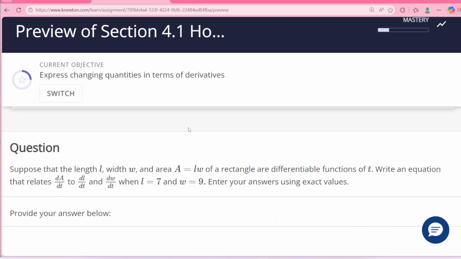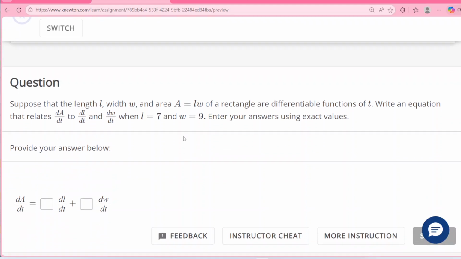All right, so now we're back to a problem pretty similar to earlier. So I'm just going to fill these in. This is just like the very first question. You have area is length times width. Area, length, and width all depend on t. So you'd have dA/dt on the left equals length times dW/dt plus width times dL/dt when you apply the product rule to the right side. And they give you the length and width at a particular moment, and you're filling in blanks.